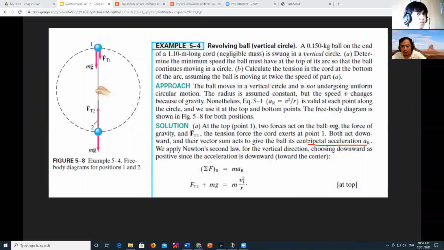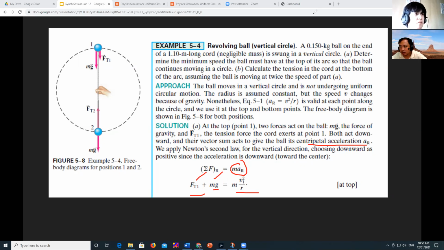You can choose downward as positive for everything so the calculation is not cumbersome to handle, so that all the values you deal with are positive. So here, F_T1 and mg are positive, and mv squared over r is also positive. What provides the centripetal force is the tension and the weight, since both point toward the center. Did you follow?